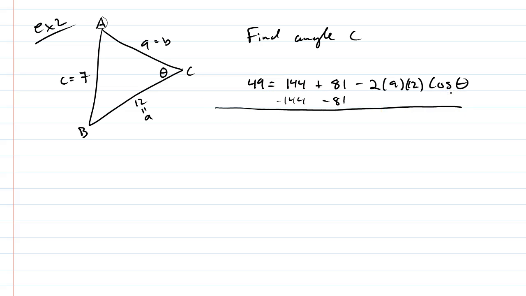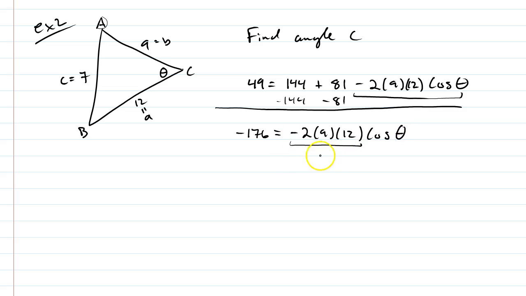When I do 49 minus those two things, I'm getting negative 176 equals, and this right here is left over. Okay, now this right here is equal to negative 216. So I have to divide that on both sides. I'm going to get 176 all over 216 equals the cosine of theta.